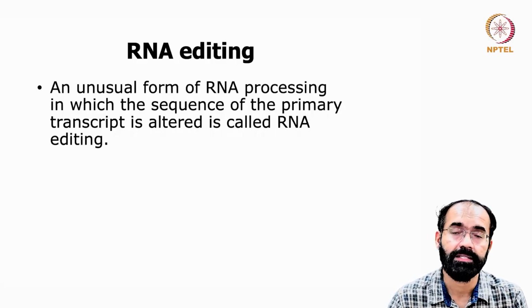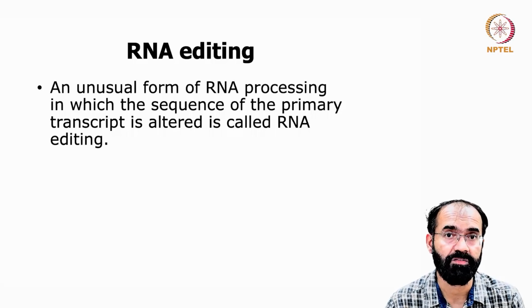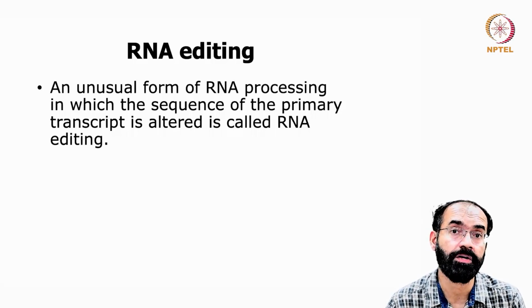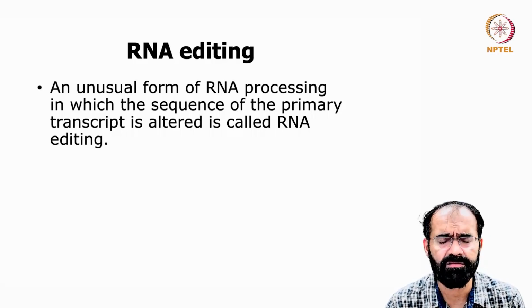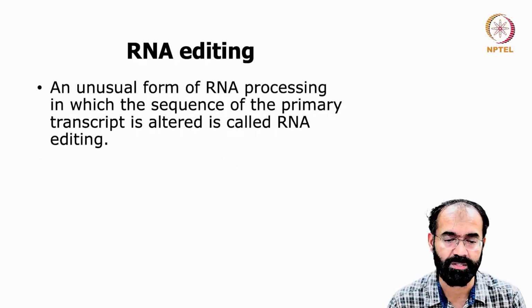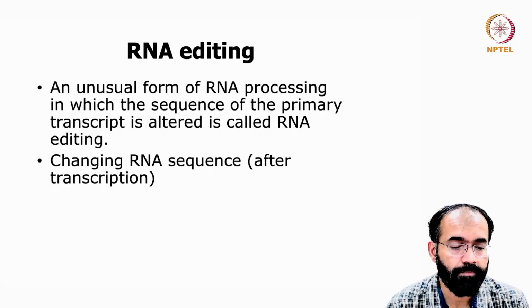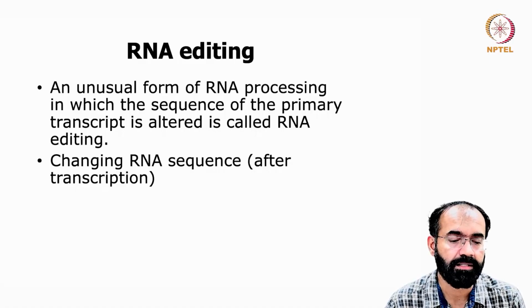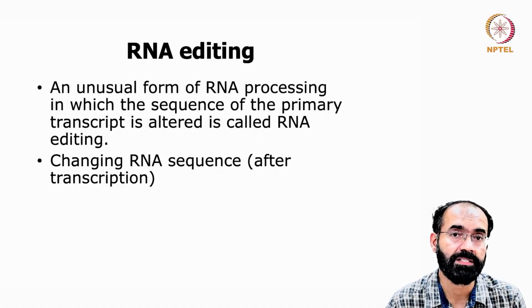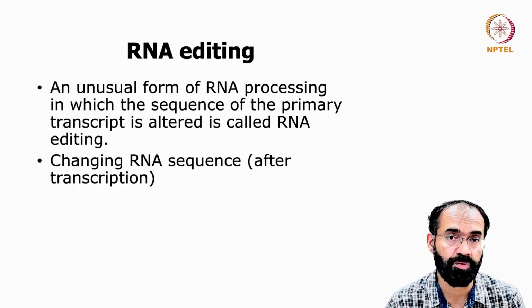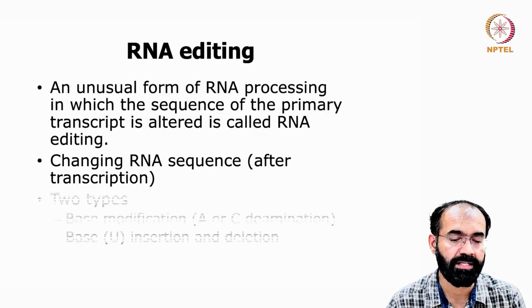In some cases, the animal will not survive if the RNA is not edited. It is that important. We will see some examples. In simplistic terms, RNA editing is changing the RNA sequence after transcription, or even after the RNA is matured, but before it is sent for translation. It is now waiting for the editing.